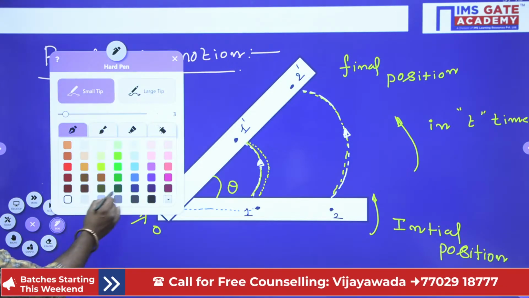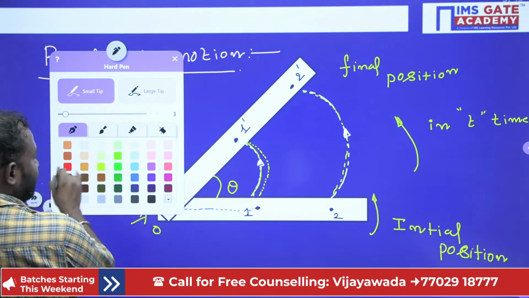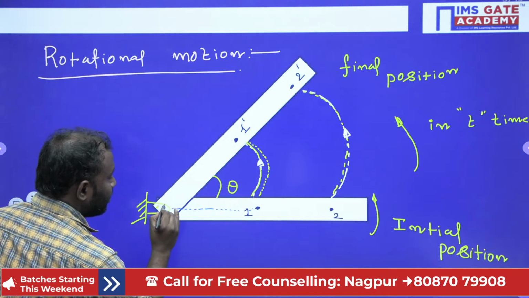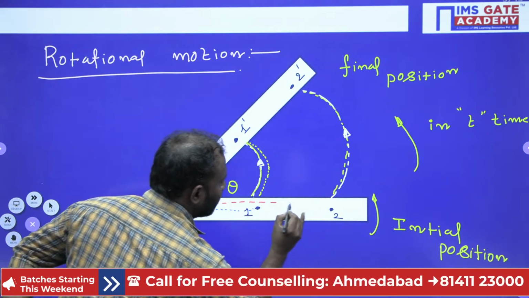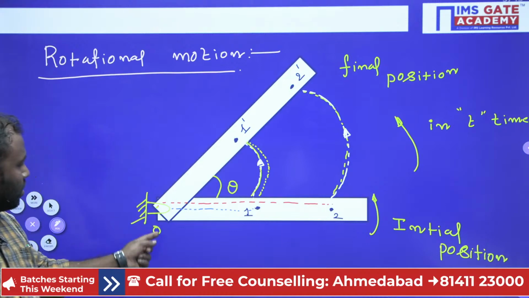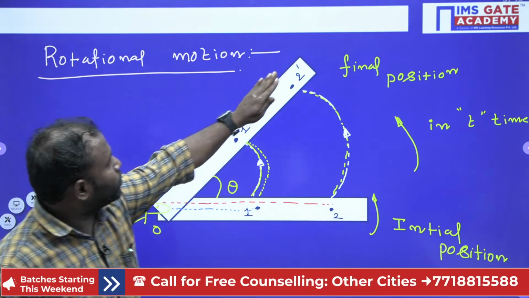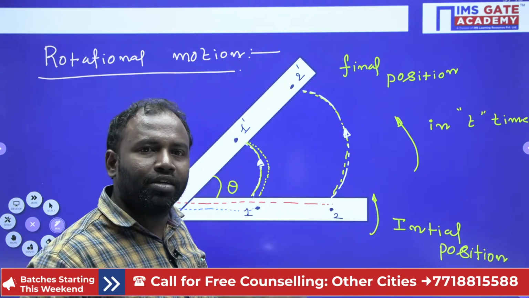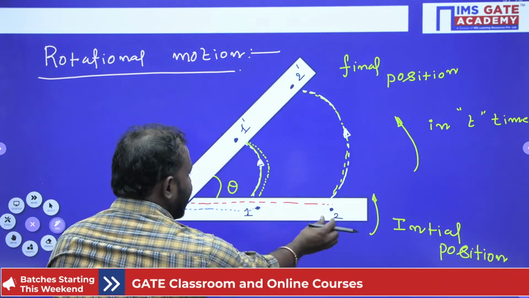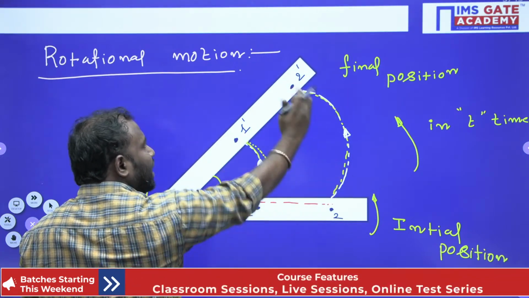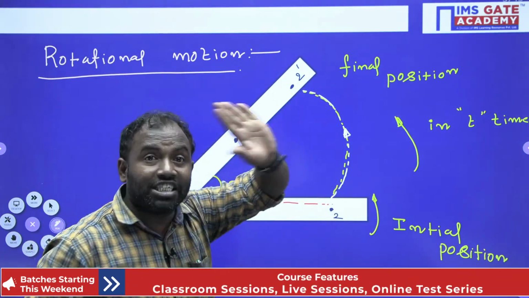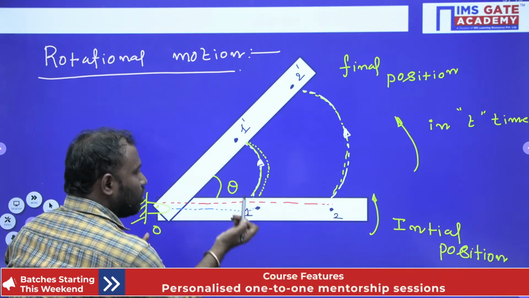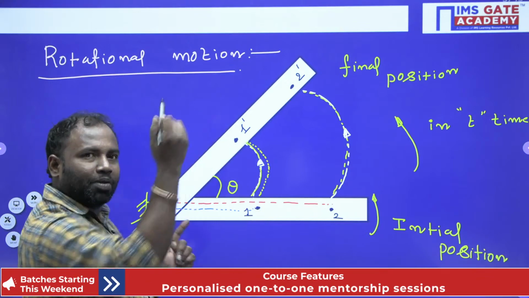I'll highlight this here with red. So 0 to 2 distance into theta, and I'll get my 2 2 dash linear displacement, the second particle's linear displacement. If I write the 0 to 1 distance into theta, then I'll get my linear displacement like this.